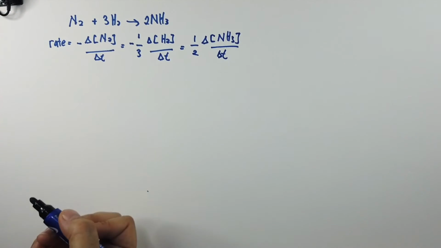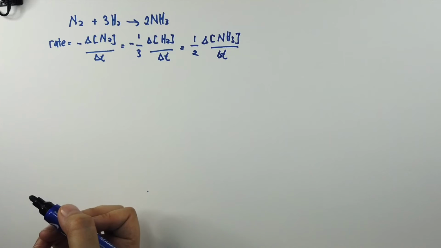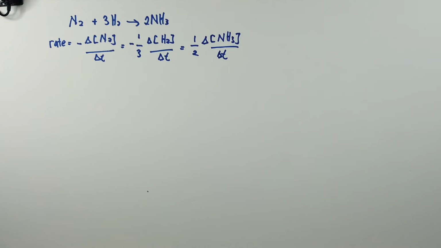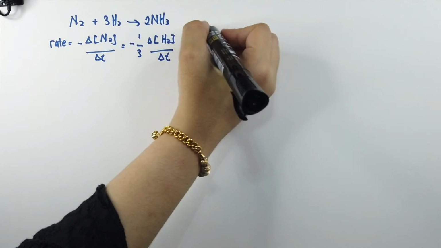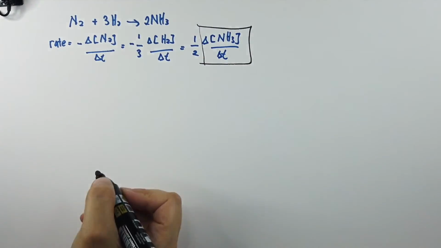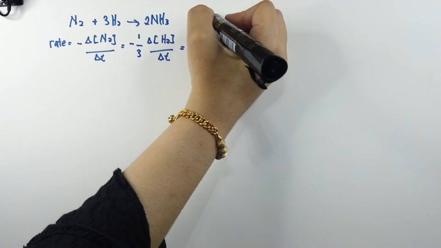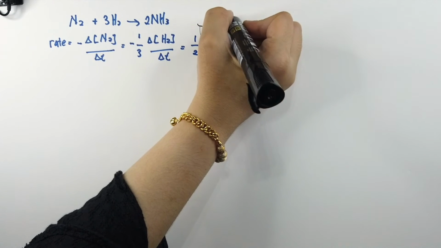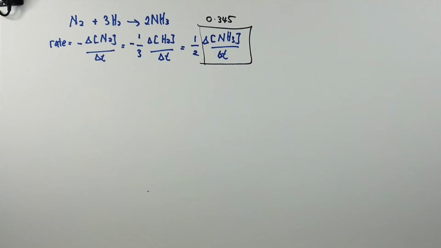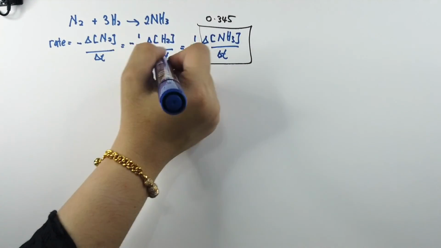And then if you read again in the question, the value for delta NH3 over delta t is 0.345. So you just need to plug in the value here, because you were asked to calculate this one.